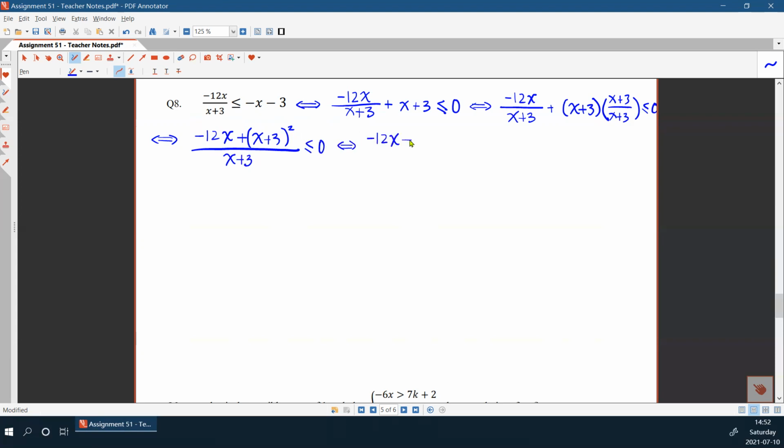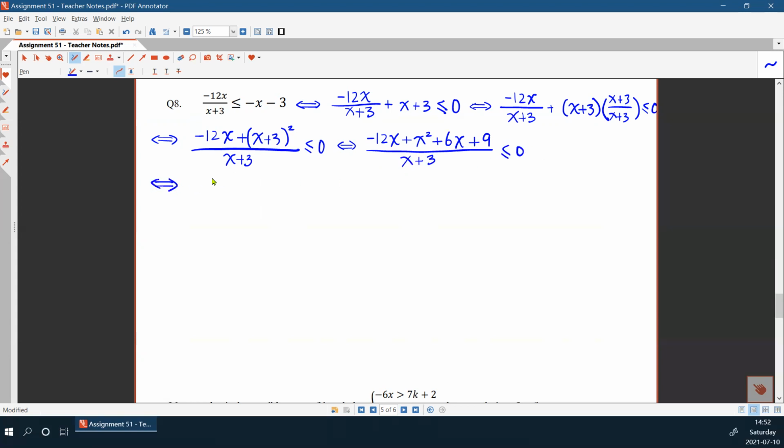Minus 12x. Remember there is a formula to expand x plus 3 squared. This is x squared plus twice of x and 3, which is 6x, right? Plus 9 over x plus 3, smaller than or equal to 0, okay?